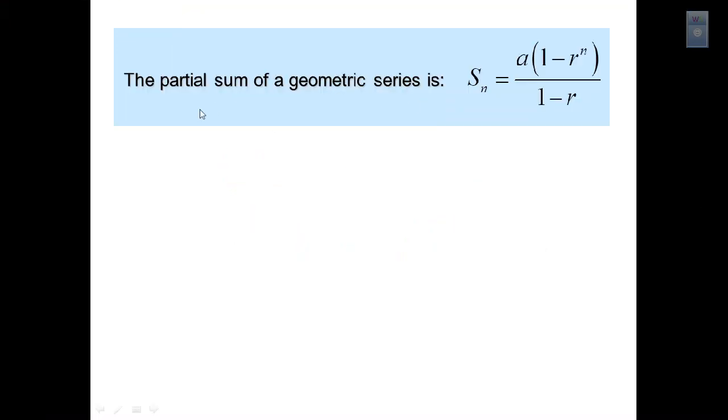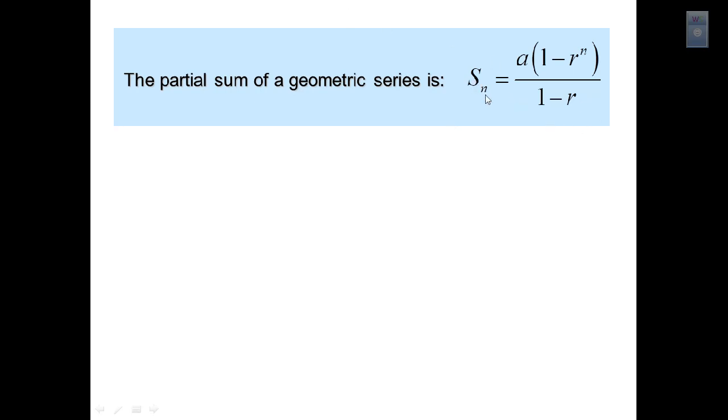All right, so now we had talked about how to find the infinite sum of a geometric series, but there's also an equation for you to find the partial sum. Remember, that's like if we want to find the first 50 terms of the series added together. Well, this is the equation for it. It's a little more involved, and a little more to remember. It's actually more involved than finding all the terms added together, so it's kind of weird.